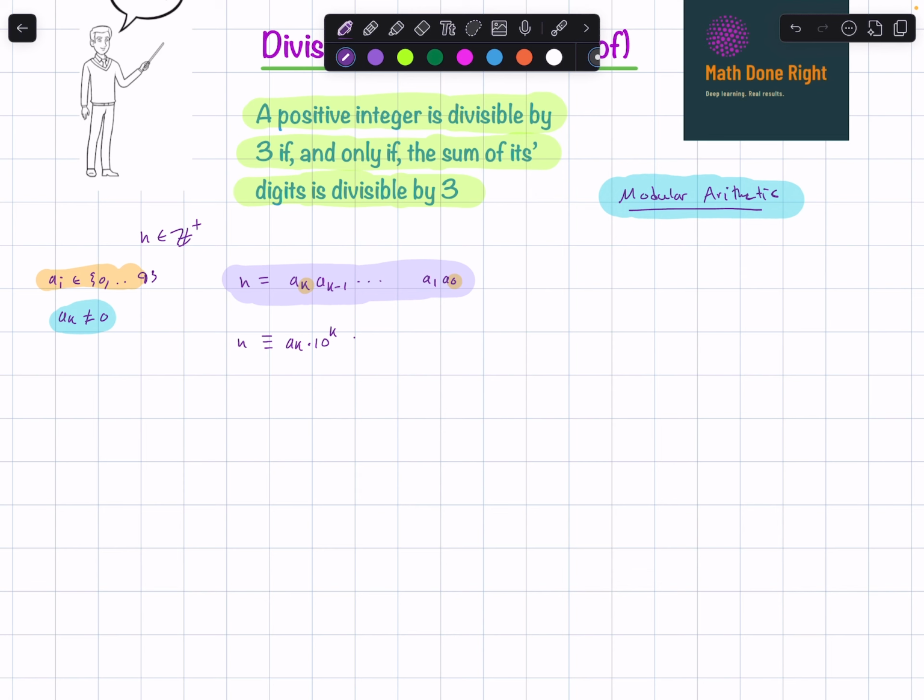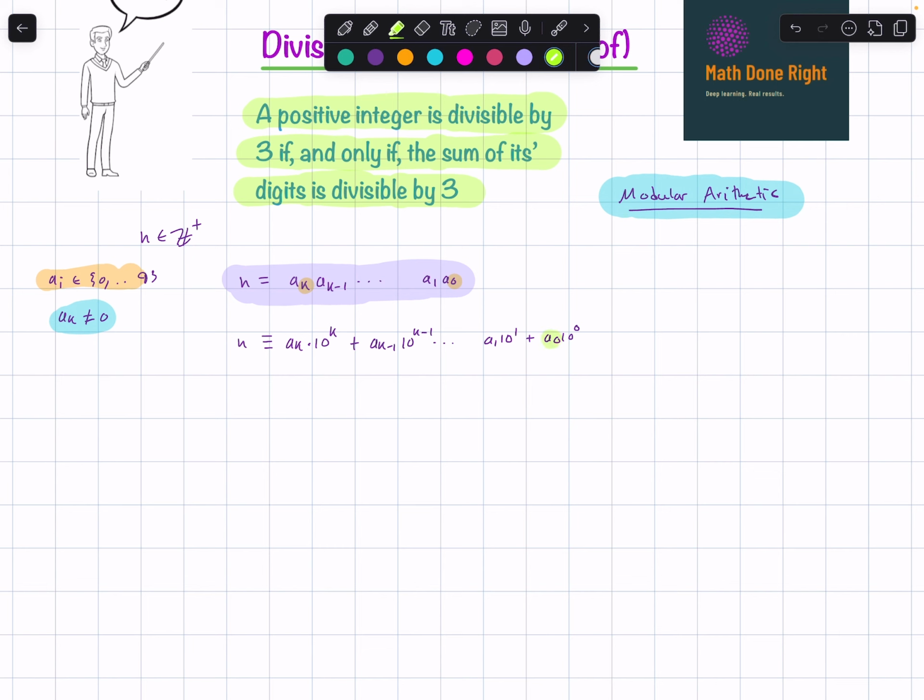So we have a_k times 10 to the k plus a_(k-1) times 10 to the k minus 1, all the way through a_1 times 10 to the 1 plus a_0 times 10 to the 0. And that's the units digit, of course, the a_0.